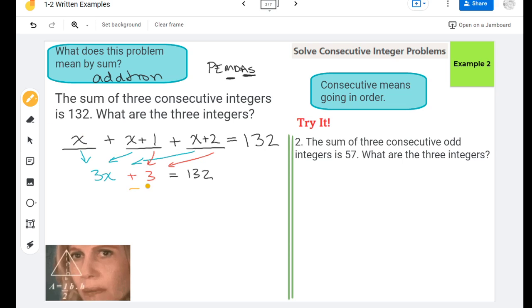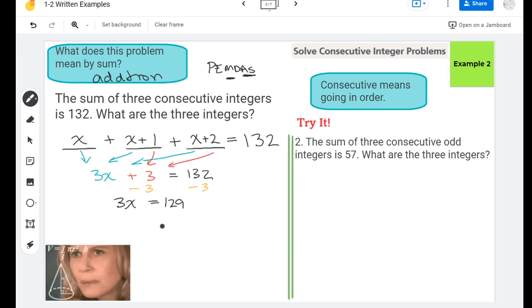To do that, I'm subtracting 3 from each side because subtraction is the opposite of addition. So on the left-hand side, the plus 3 and minus 3 cancel out, and I'm left with 3x. And on the right-hand side, 132 minus 3 is 129.